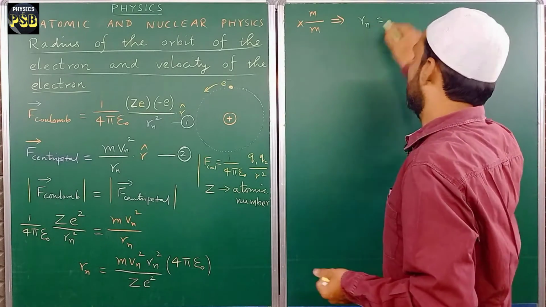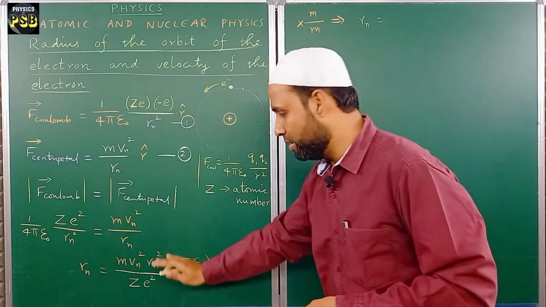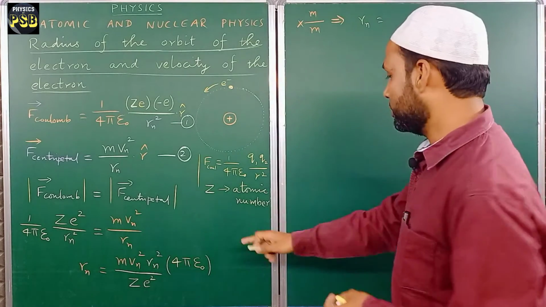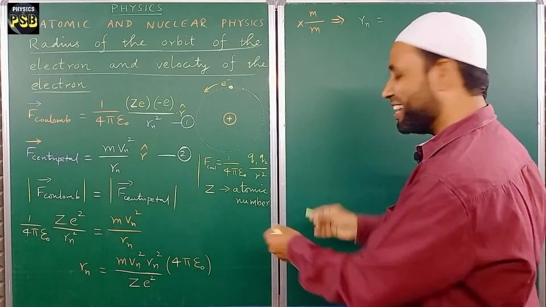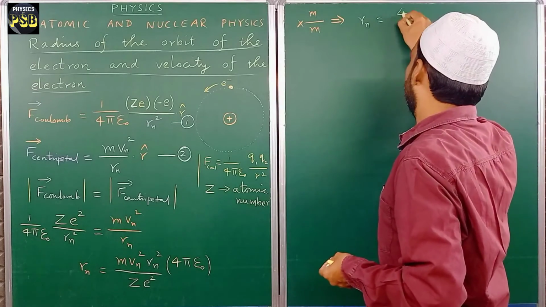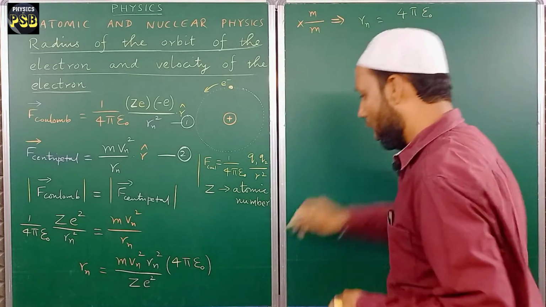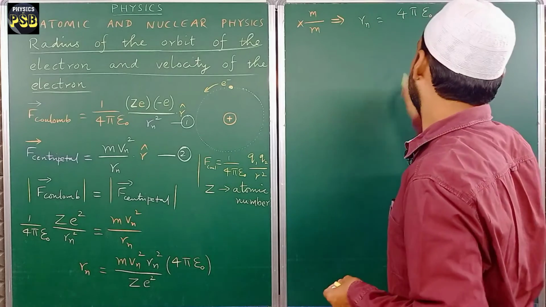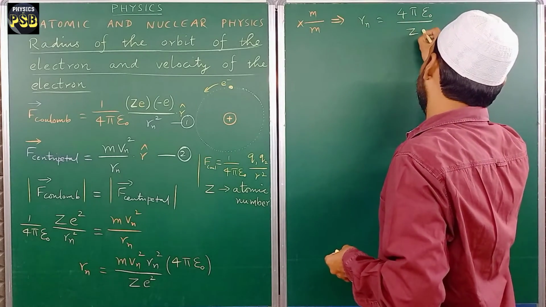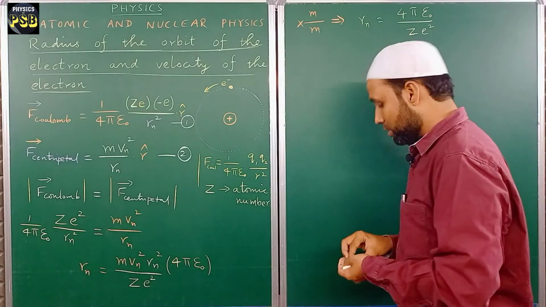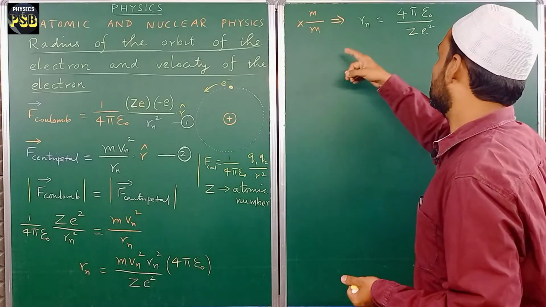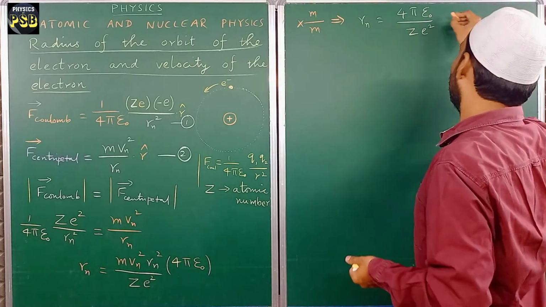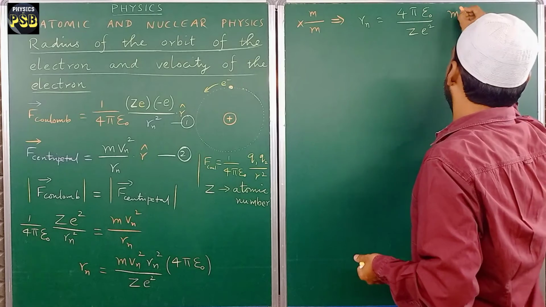So this equation becomes Rn equals to, I'll rearrange it slightly. 4 pi epsilon naught brought here divided by Ze square. Then I multiply this with m, so I get m square.